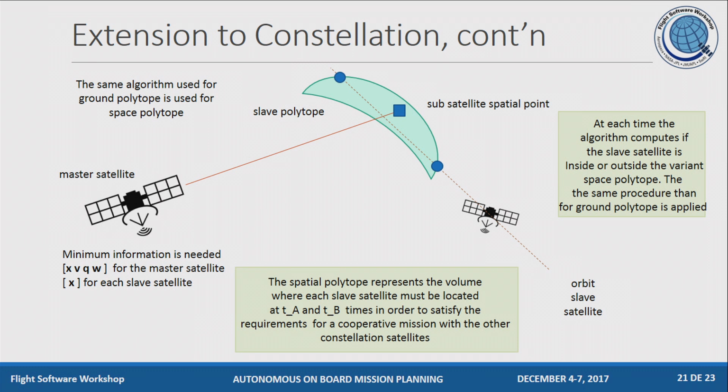Okay, that's continued. I'm on slide 21. We use the same idea, the same algorithms. We try to avoid the mathematical formulation here, but we have all the algorithms ready with the master satellite to use the same idea of entering and leaving the polytope to understand when it's necessary to perform orbit calibration for the relative architecture between slave and master.